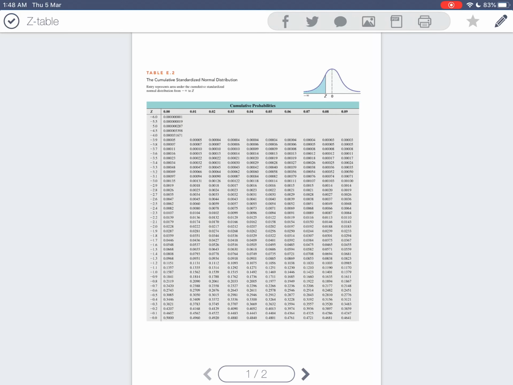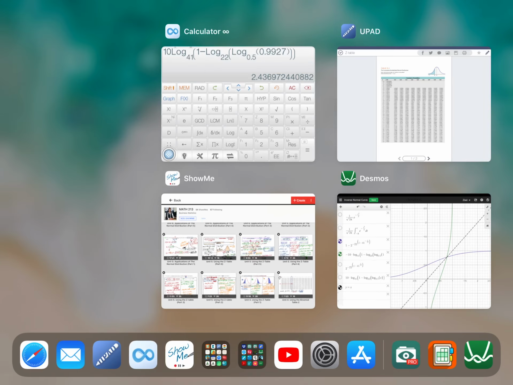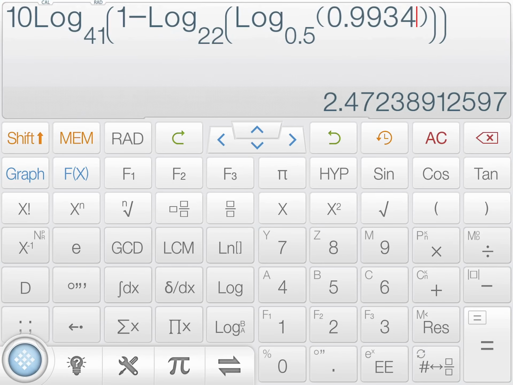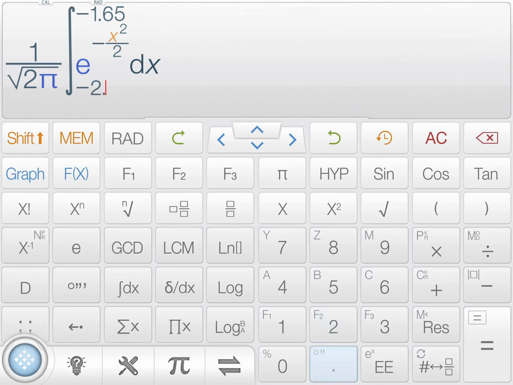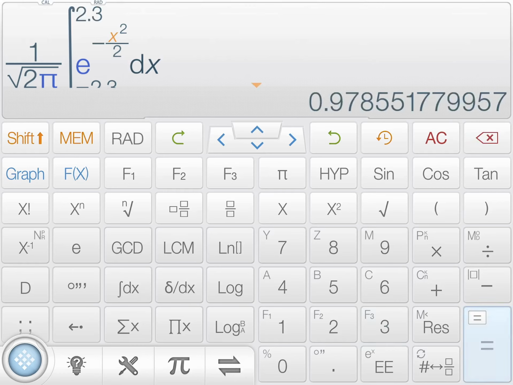But if you are within negative 2.3 and 2.3, which I want to just let you know something about, if you are between negative 2.3 and 2.3, you capture about 98% of the area under the curve. So this approximation is really good. It's very good comparatively to other approximations.